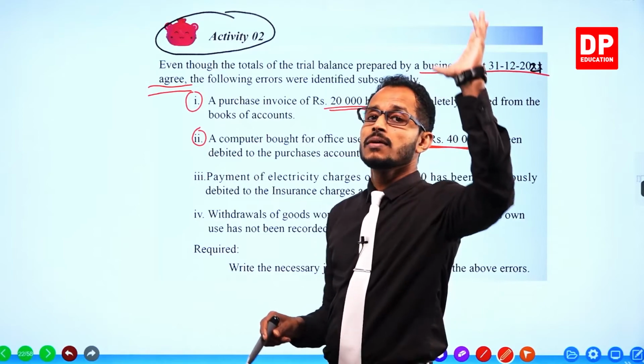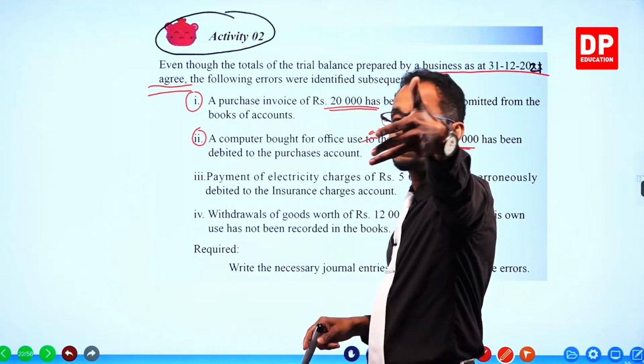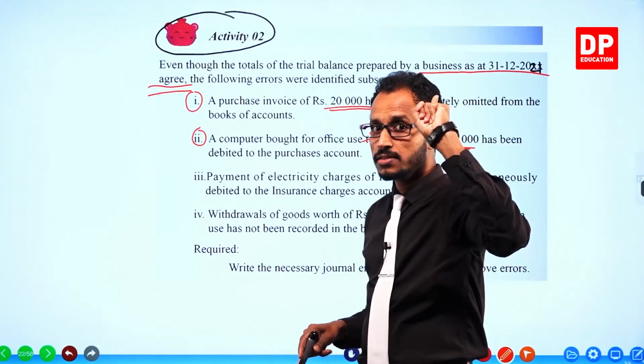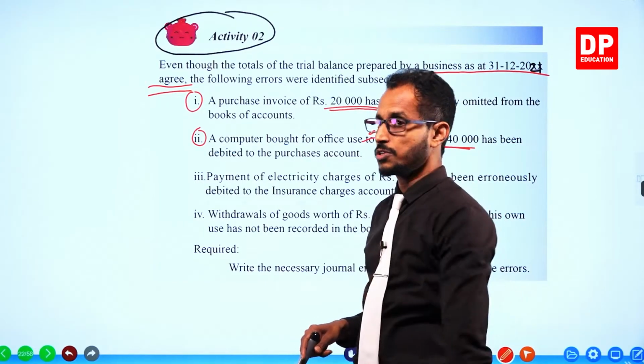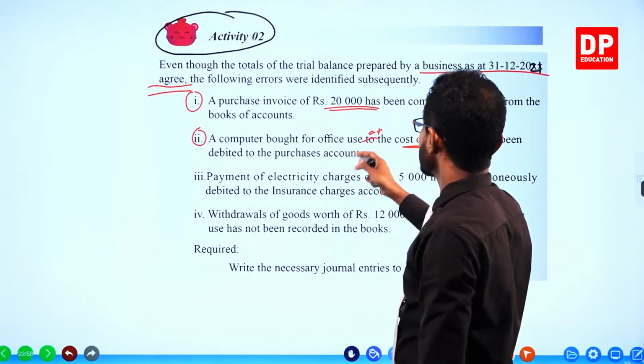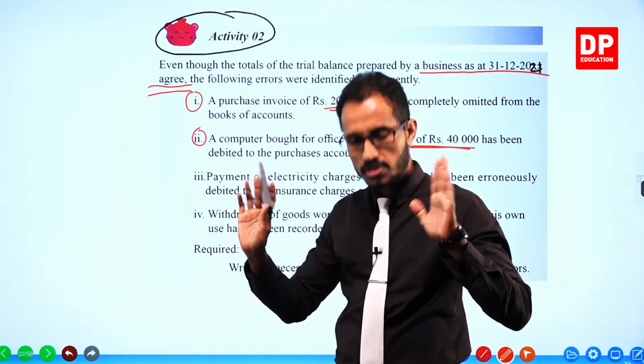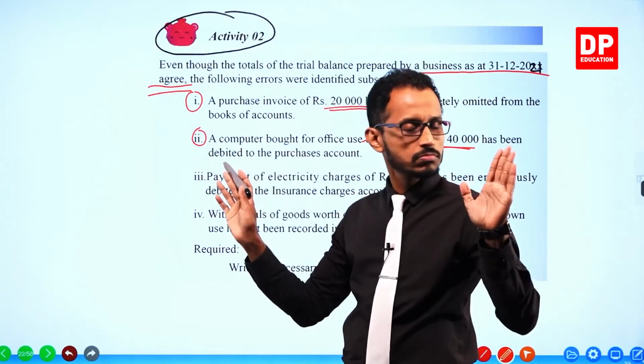This is the type of error that we discussed previously, recording the correct amount in the wrong account. If a computer is bought for office use, you cannot enter it in the purchases account.